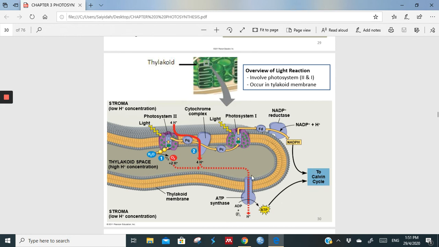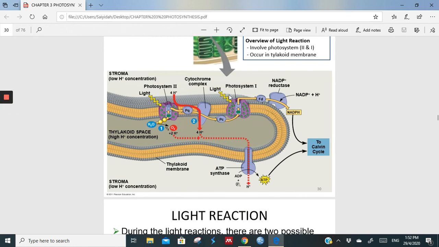Here, as you can see, this is chemiosmosis. You can see the electron flow from photosystem 2 until the electron is transferred to the last electron acceptor, NADP plus, and then reduced to NADPH. Second, in the light reaction, we have chemiosmosis here. So in the light reaction, we have electron flow and chemiosmosis.